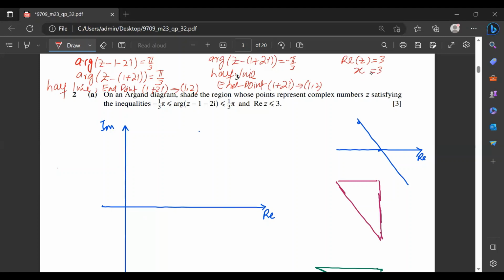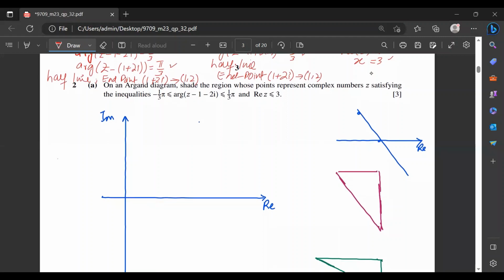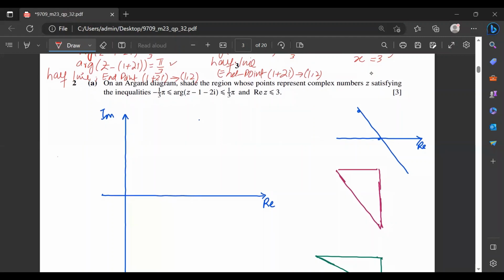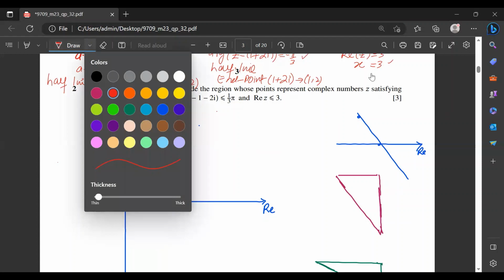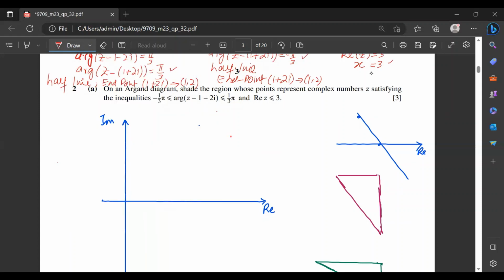So we'll be drawing these three loci on the same axes. The end point is 1 plus 2i, (1, 2), and the angle with the real axis is pi over 3. So here what I can do is draw a sketch. (1, 2) is approximately here. I can draw a line in this direction, with endpoint 1 plus 2i and the angle with the real axis pi over 3.